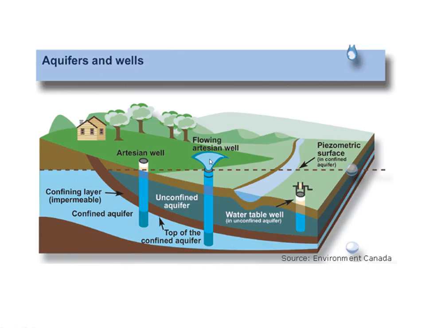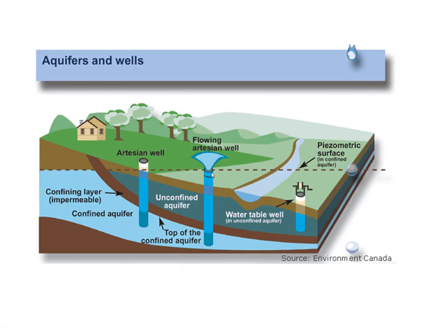In this picture, you can see a flowing artesian well. Because here, the water sits into the ground, infiltrates into the ground, and here's the level of the water table in this confined aquifer. This is the surface. You stick a well in to here, and since the surface is above the water table, it won't flow.